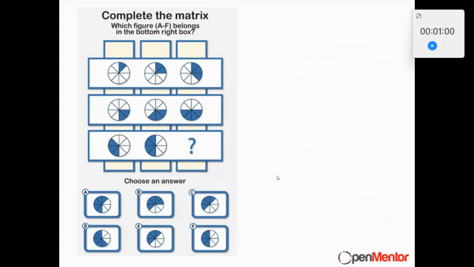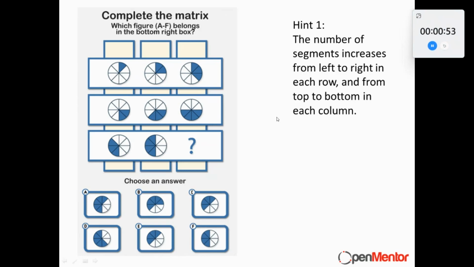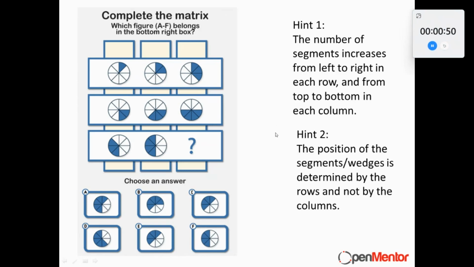I'm again giving you 1 minute to think the pattern, the common pattern. I'm also giving you the hint for identifying the correct answer.